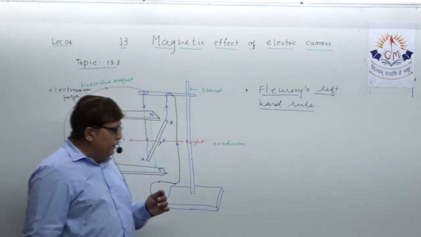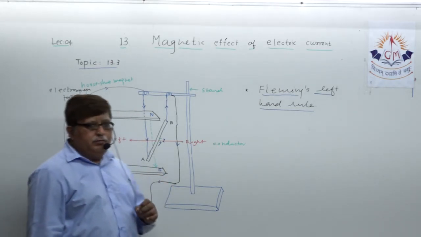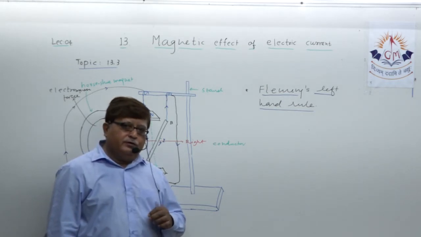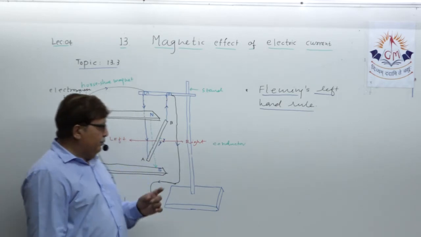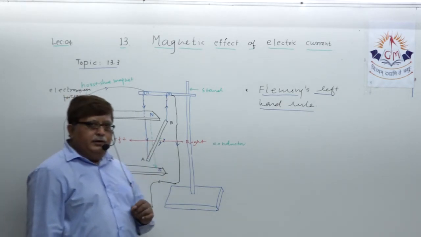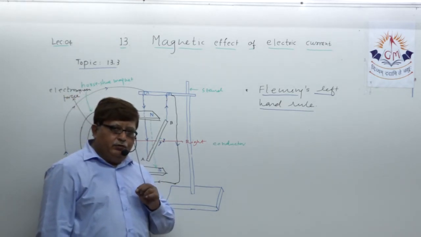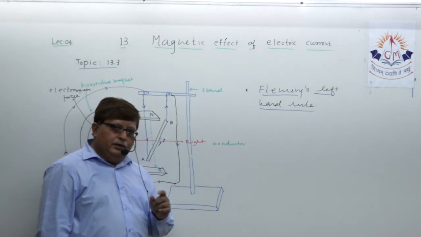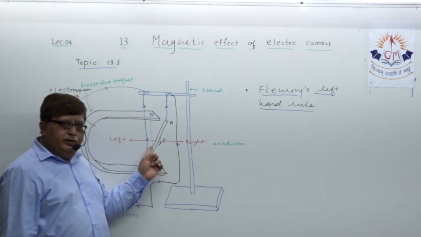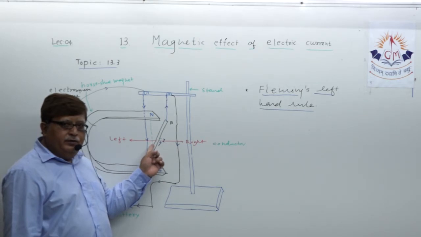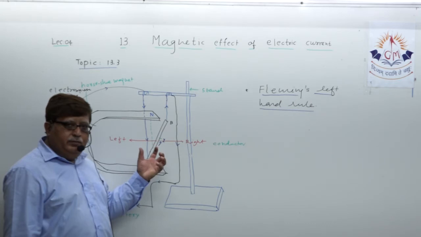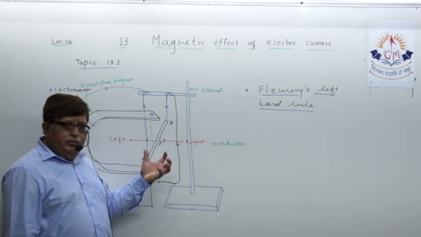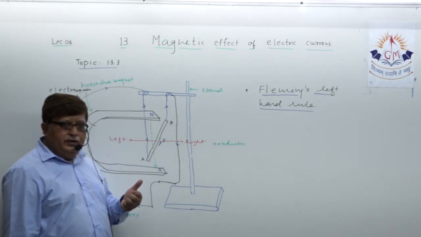We understood, no doubt, by this particular experiment that whenever electric current passes through a conductor kept inside the magnetic field, it is going to experience one particular type of pulling force. Understand?